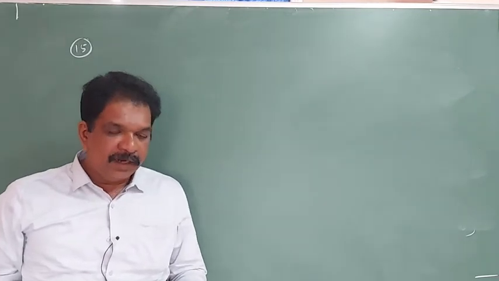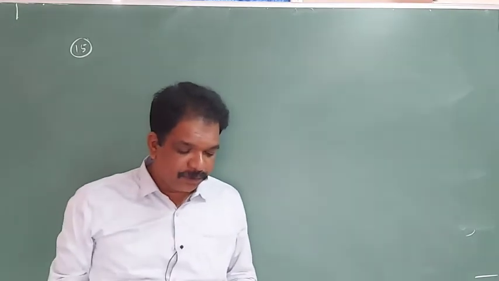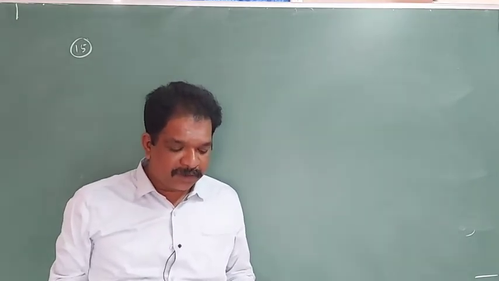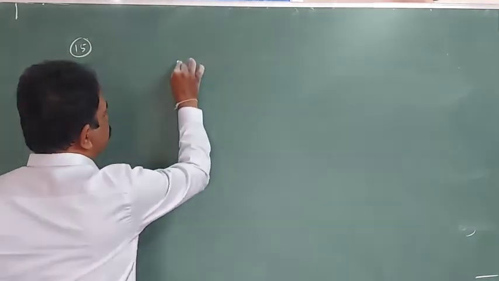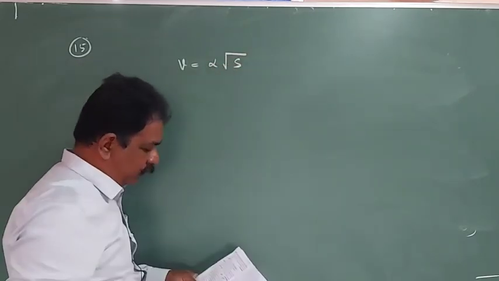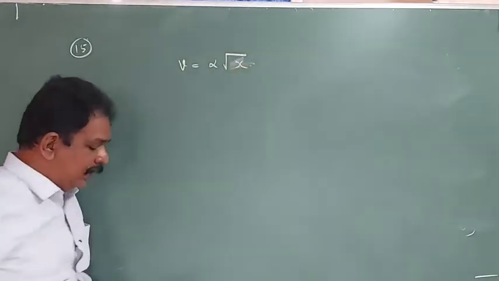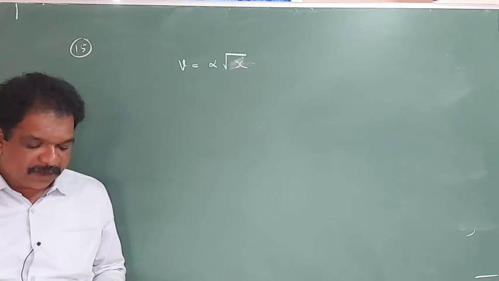A particle is located at x equal to 0 at time t equal to 0, moving along the positive x direction with a velocity v that varies as v is equal to alpha root x. Then they are asking the displacement and time relation.